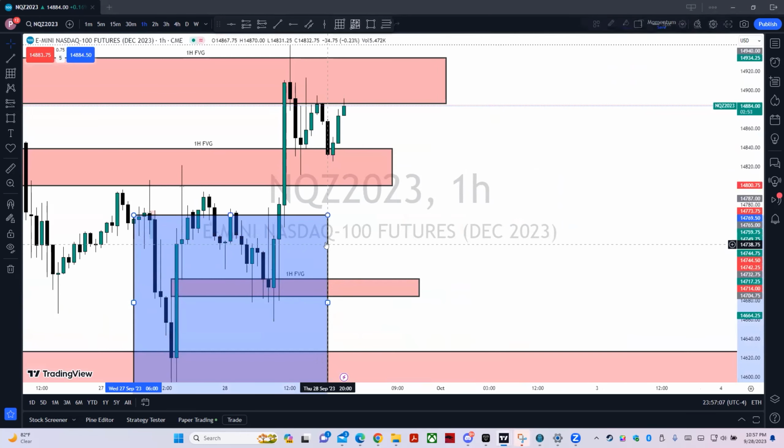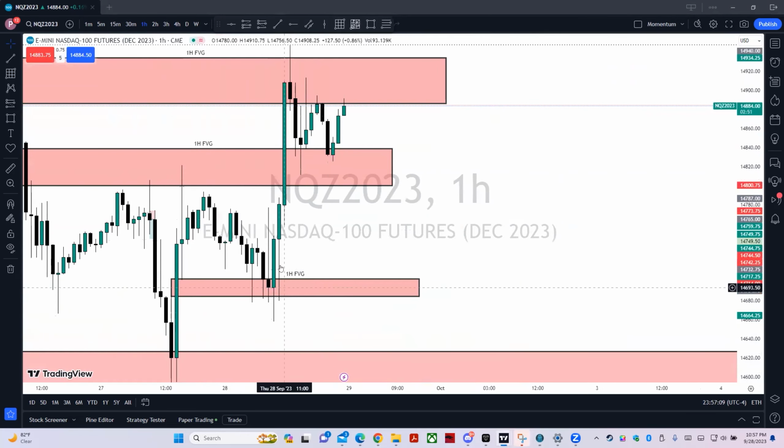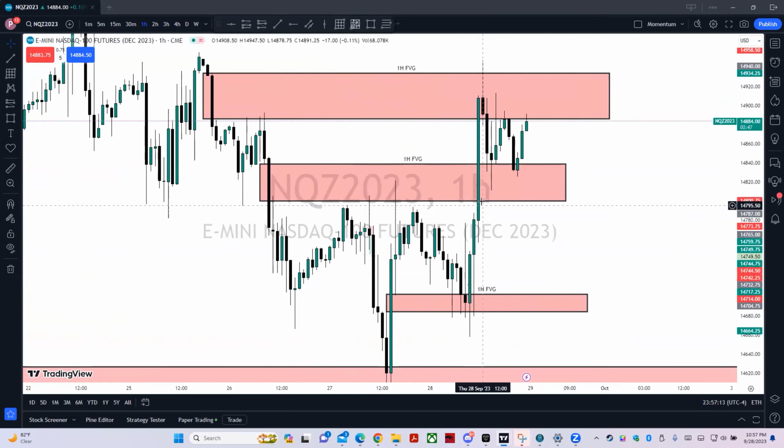Aside from that, I was not expecting this large of a movement. I was expecting some, but seeing as how we had buy side inefficiency down here, it was only natural that we have sell side inefficiency.